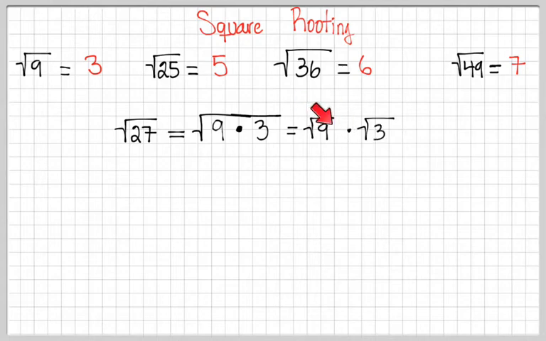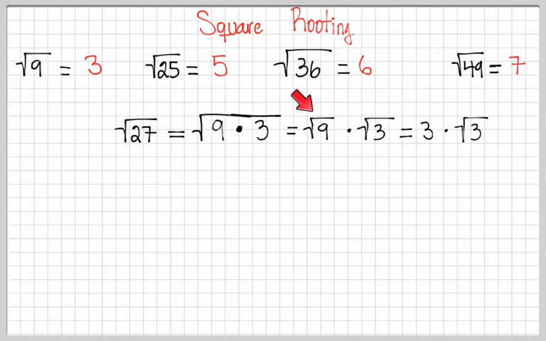This right here is exactly the same as this, which is exactly the same as this. But the reason I want to write it this way is that now I get the square root of 9. And 9 is a perfect square. So I know that this square root of 9 is 3. So I can rewrite this expression as 3 times the square root of 3.